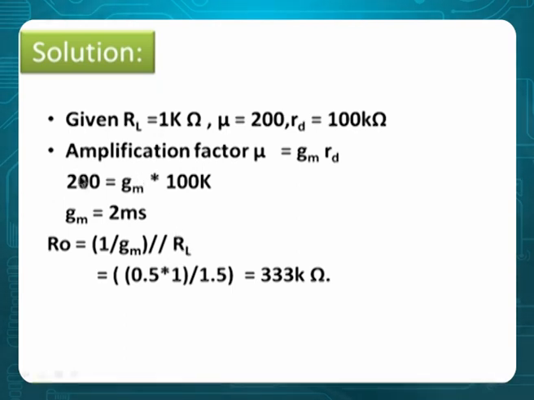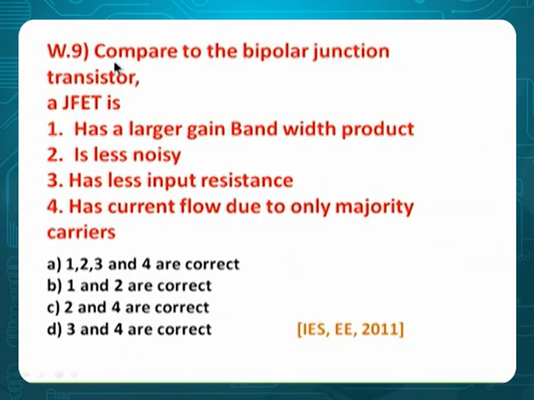What is Gm? Mu is equal to Gm RD, and mu is given, RD is given. Gm is 2 milli. R naught is 1 by Gm parallel RL. 1 by Gm is a resistance, then parallel RL. So that is 333 ohms. Therefore option is C.